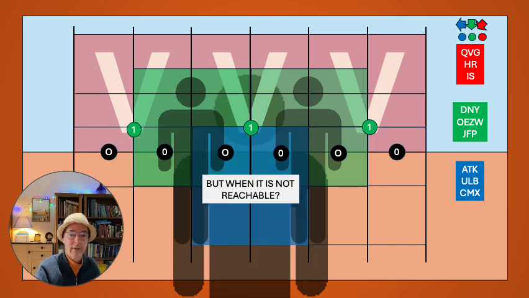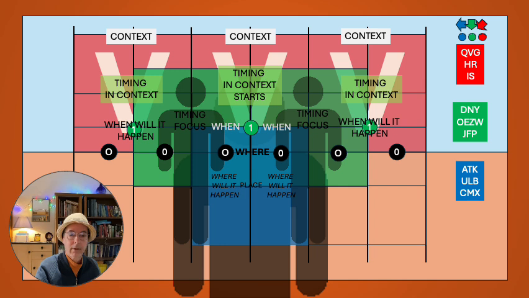So when it is not reachable, of course, that we know immediately what the placements are, when we don't see what the placements are, we have to see, okay, but when do we have these placements? These placements also have a timing, so instead of the placements themselves, it's for you, it's for me, we can't see that, but we can focus upon the timing, one level higher, and this timing depends again on context.